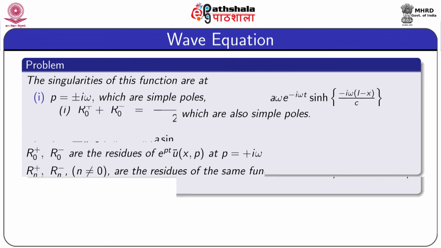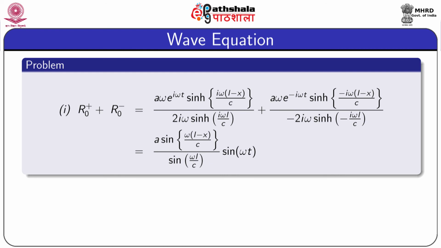If you calculate the residues, R0 plus becomes this, which you can see in this slide. The first expression gives the residue at p equals i omega, and the second expression gives the residue at p equals minus i omega.